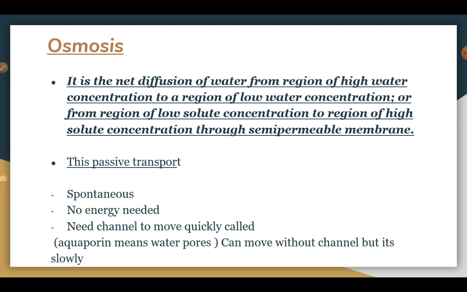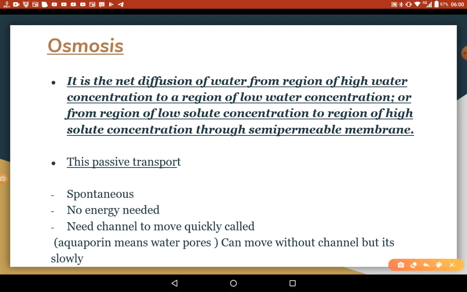Why do we say that it needs a channel? Because, as we remember when we talk about the cell membrane, this is the cell membrane, okay? This is the cell. The cell membrane, as we talked about, has a phosphate head and two tails, right?